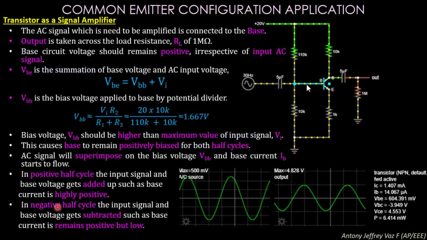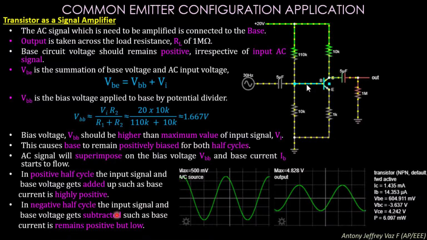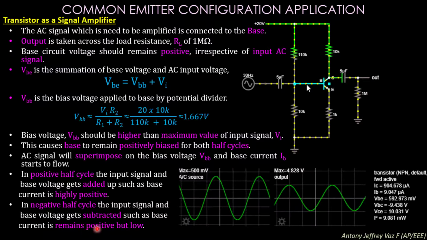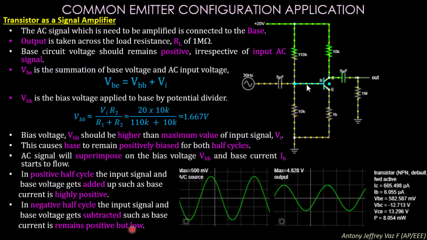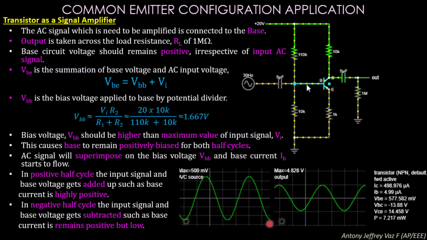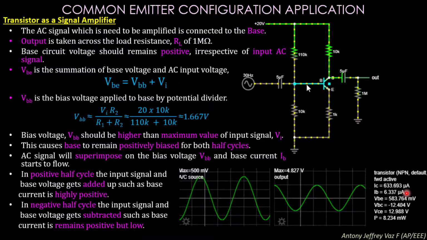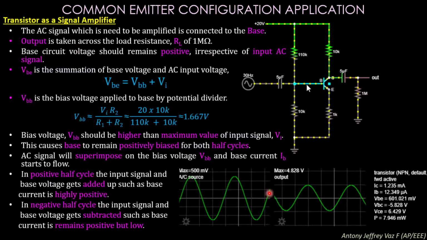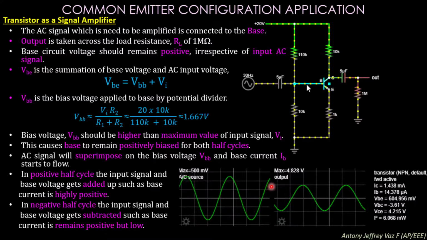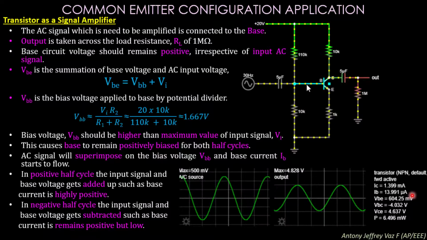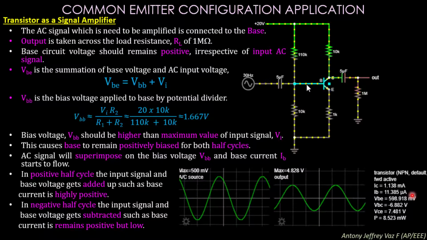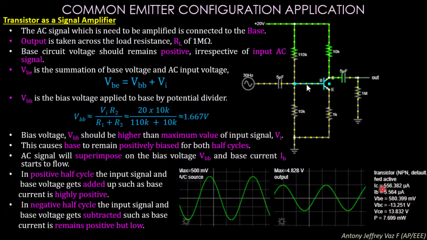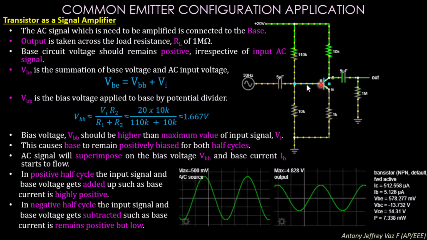So in the negative half cycle, the input signal and the base voltage get subtracted, such that the base current remains positive but its value is lesser. When the sinusoidal waveform reaches the positive peak, the base current is about 14 microamperes and it is highly positive. So this is the superimposed sine wave current which is flowing into the base of the transistor.